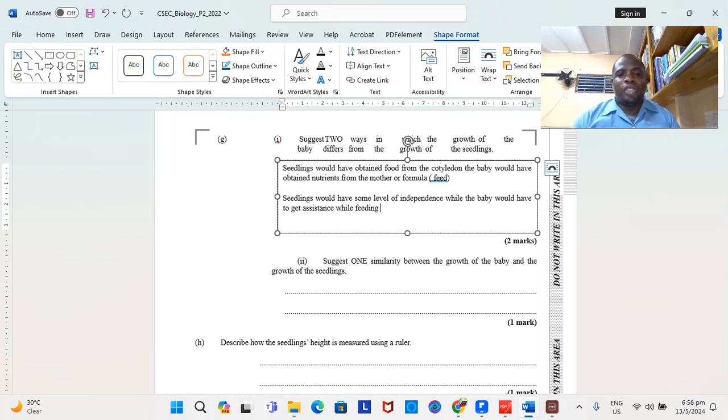Once the nutrients are available and they grow their roots and their shoots, they just take up what they need from the soil, and that would be it. So you don't have that constant attention like what is required by the baby.